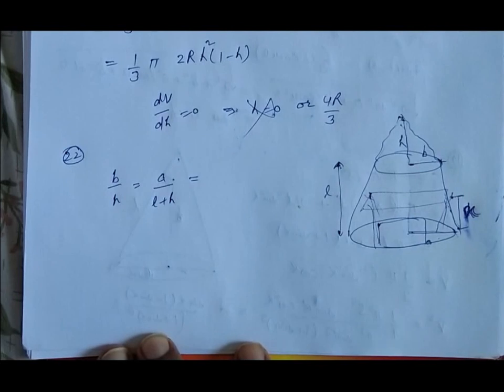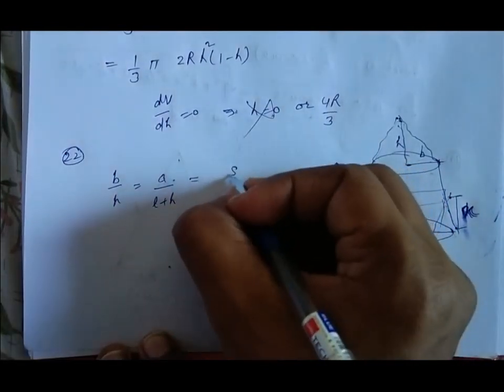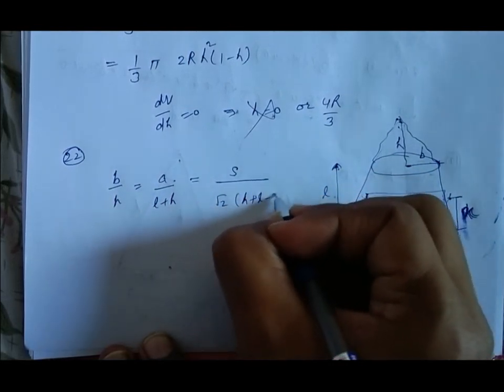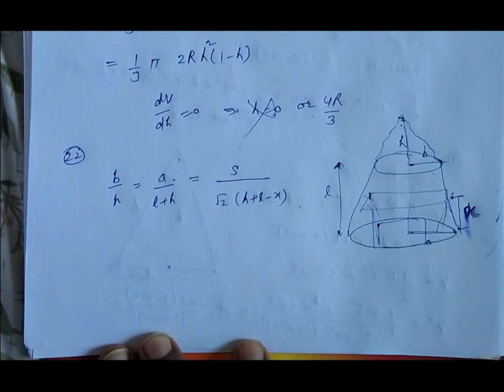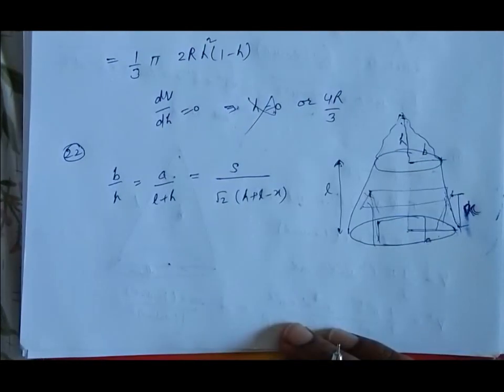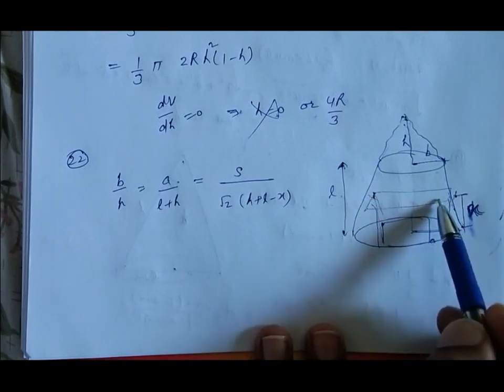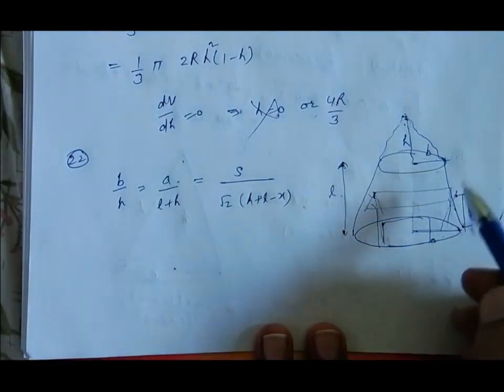Which in turn would be equal to h plus l minus x, where s is the side of the square. So if s is the side of the square, the diagonal would be root 2 s, half of which would be s by root 2.